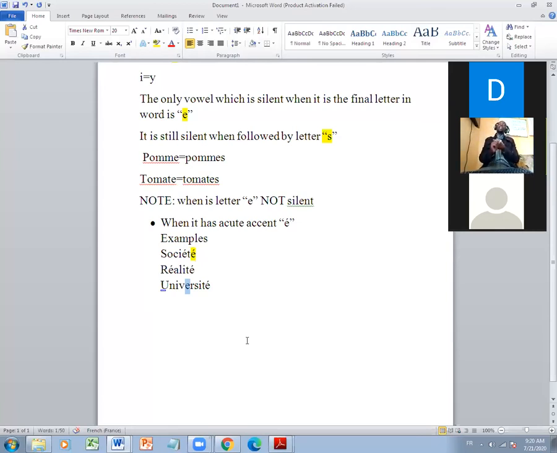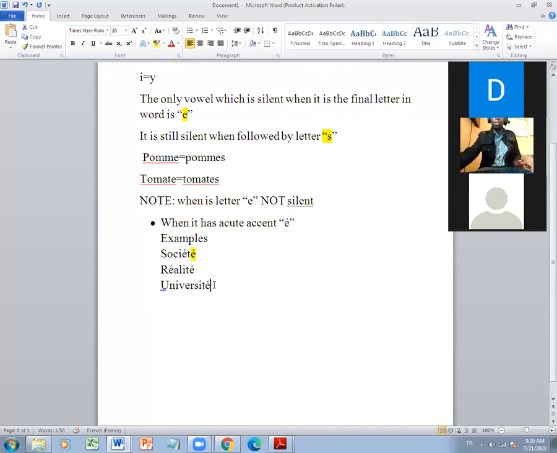Anytime you have letter R between two letters, that R must come out. So we say université. That R is not silent. Université. Société, réalité, université.